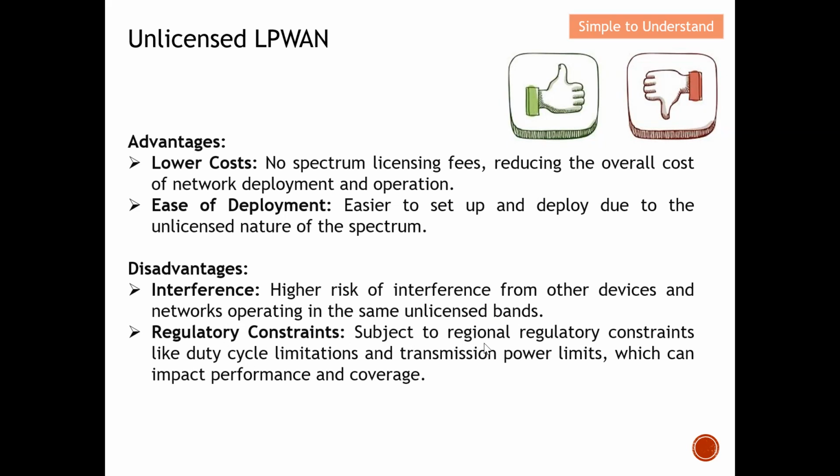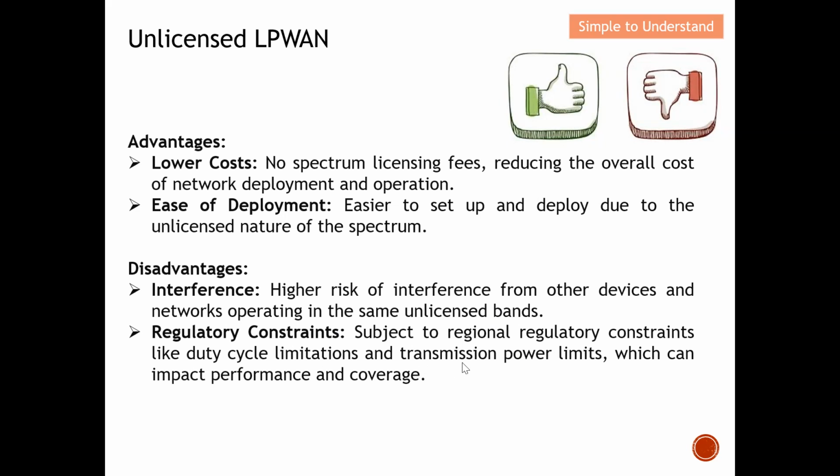We also talk about the regulatory constraint, which is subject to the region. For example, there will be a duty cycle limitation. Because this band is free for everyone to use, the authority does not want everybody to use this frequency all the time. So they impose this duty cycle to limit the time that you are able to use this unlicensed band.